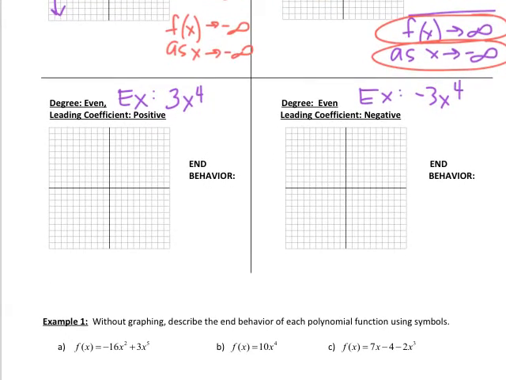All right, and then we have two others here. If we have a function that has a degree that is even, meaning that the exponent is even, and there's a positive leading coefficient, we may have a graph that looks something like this.